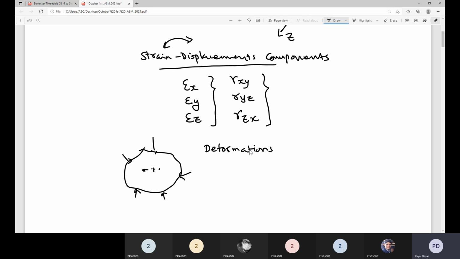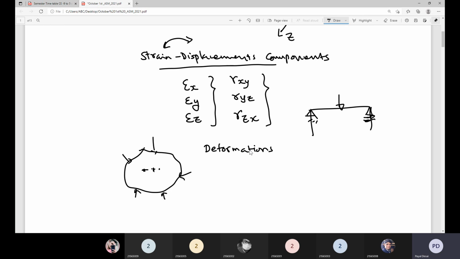Now why is this deformation happening only within the body? Because all our civil engineering structures are constrained. Constrained in the sense, if I have a beam, I have supported it, and I am applying external loads.